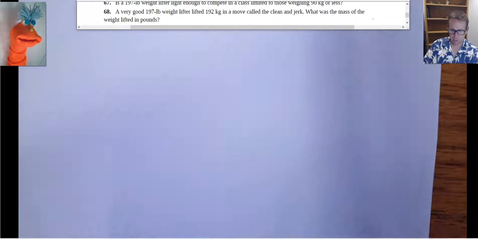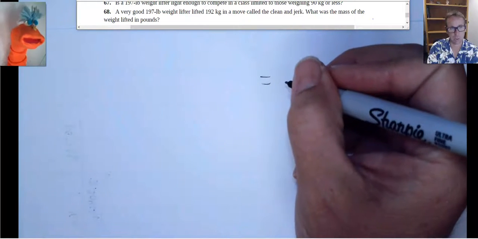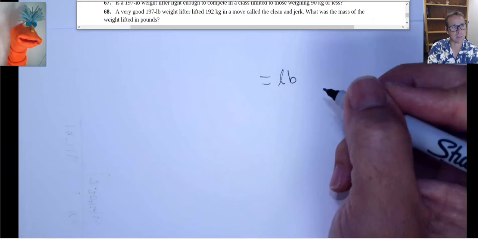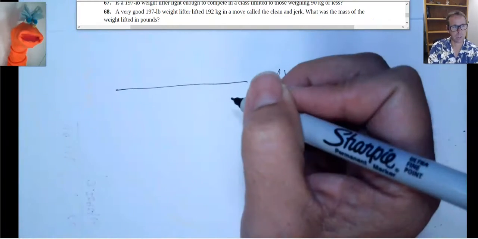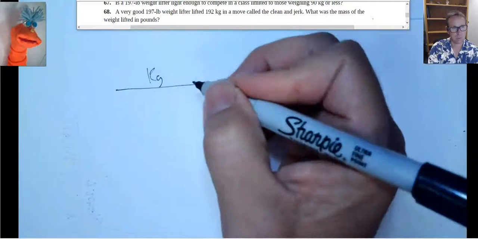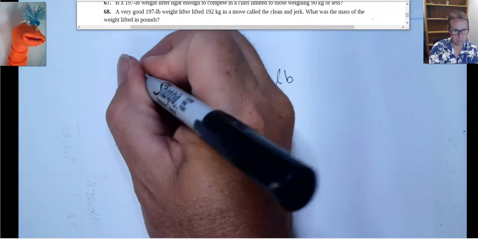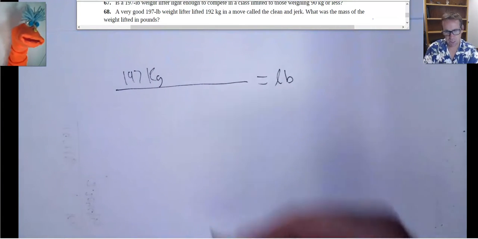So how do we set this up, Fred? An equal sign. Very good. Equal sign. We want pounds. Very good. Says what was the mass in pounds. What do we start with? Kilograms. 192. Yes. 192 is how much they lifted, right? And we want to know how many pounds it is.